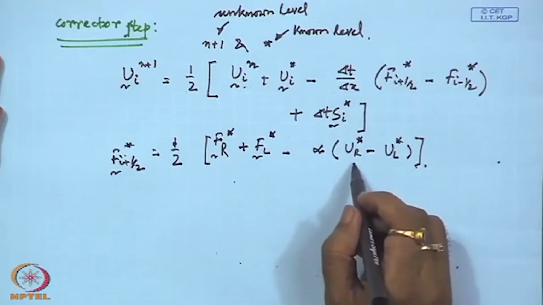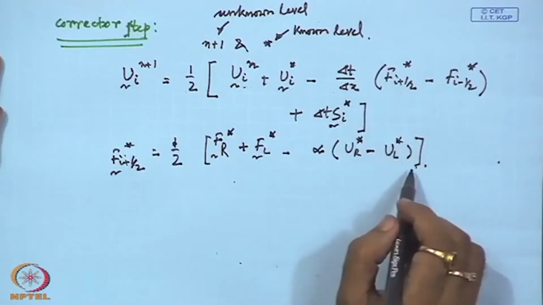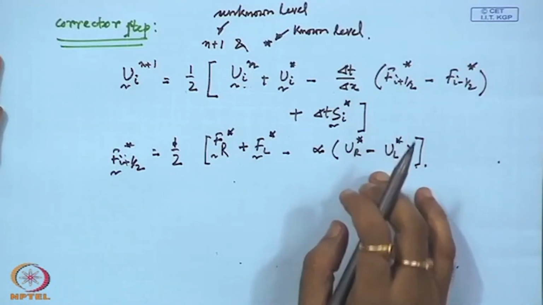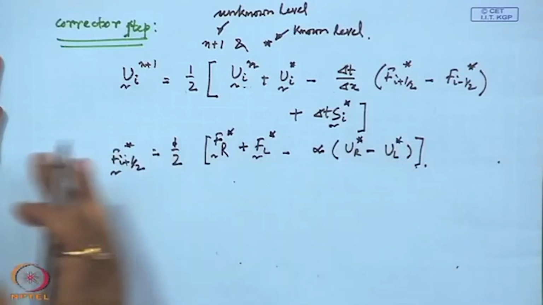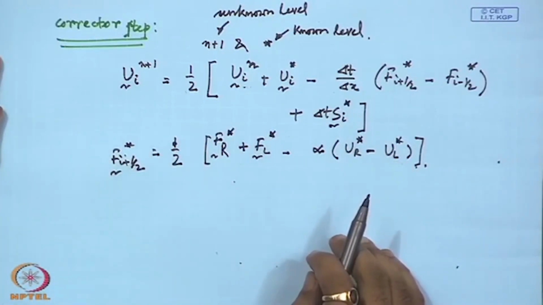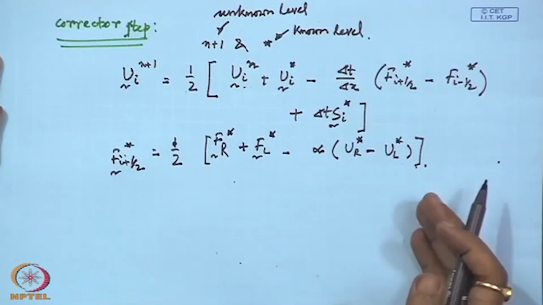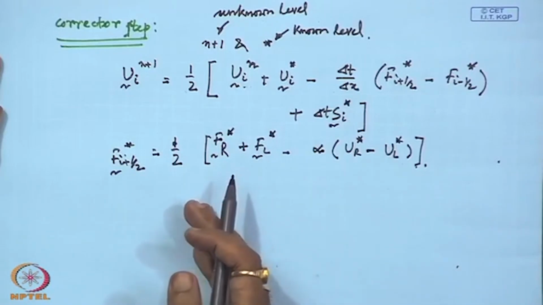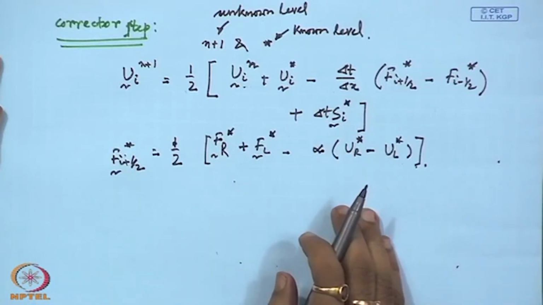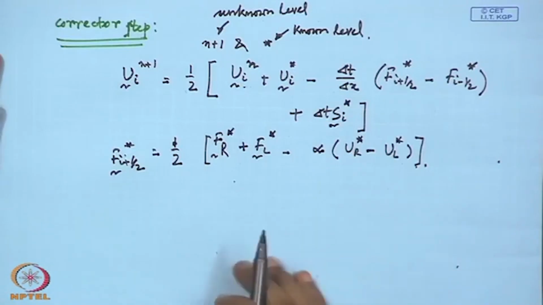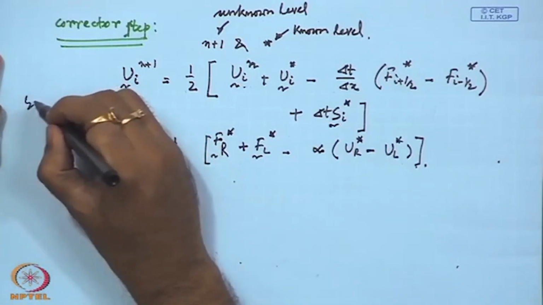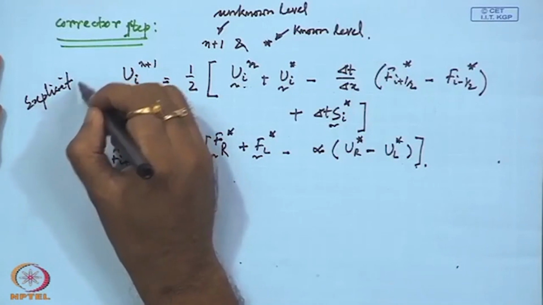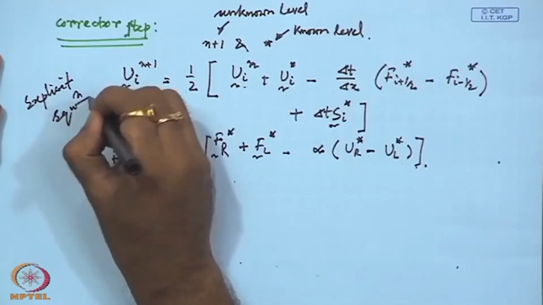So, u L and u r can be calculated using that min mod approach we have utilized in our predictor step, and we can solve this particular equation. Again it is explicit equation.